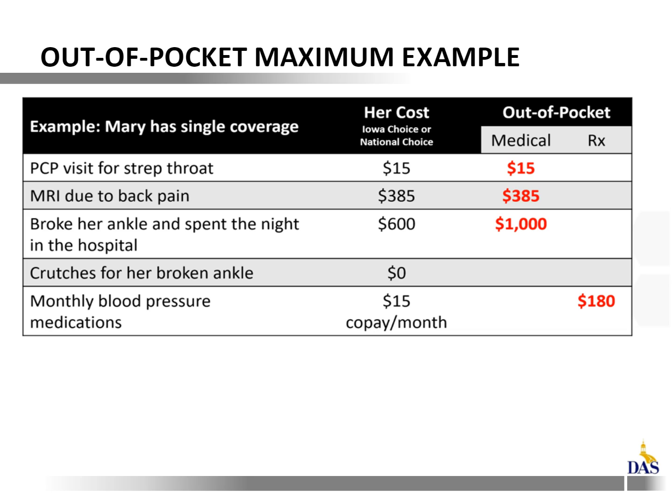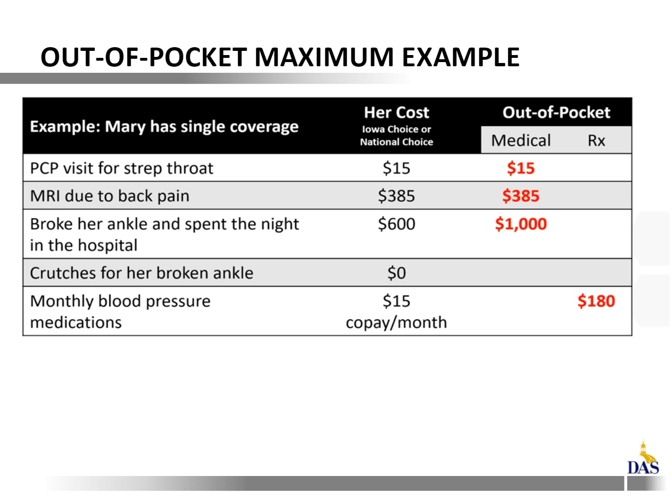In this example, Mary has single coverage. The benefit design is the same between Iowa Choice and National Choice. During the year, Mary visits her primary care provider or PCP for treatment of strep throat. The office visit is a $15 copay, so $15 goes toward the medical out-of-pocket maximum.